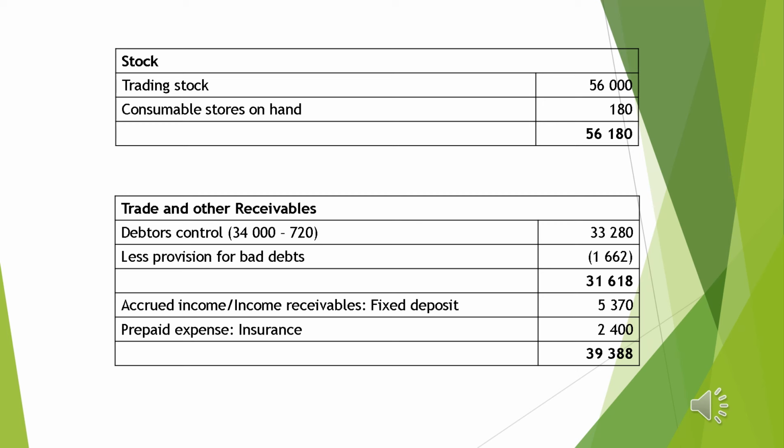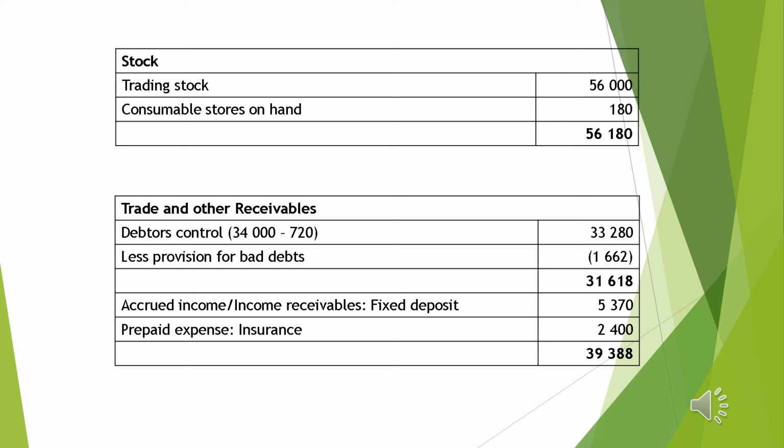This balance of 34,000 rand was calculated before we were made aware that we still had further debtors to adjust for.